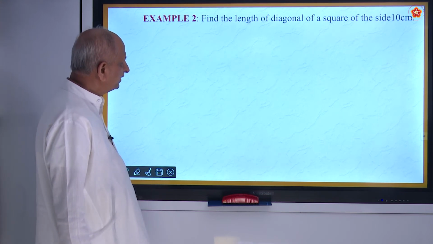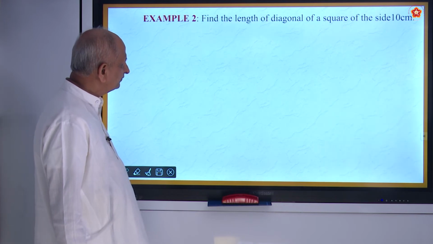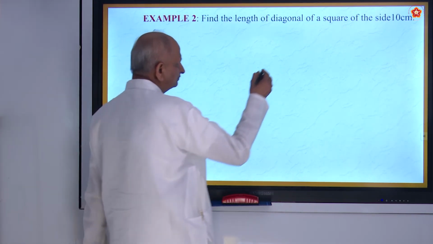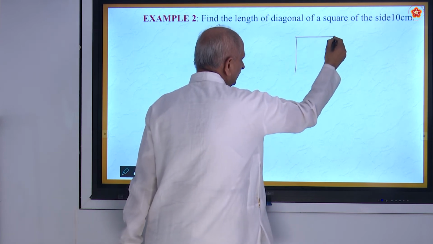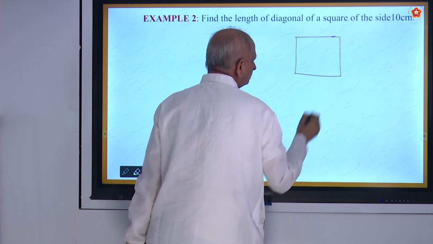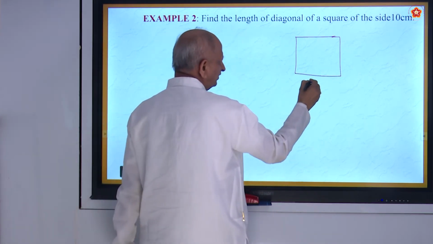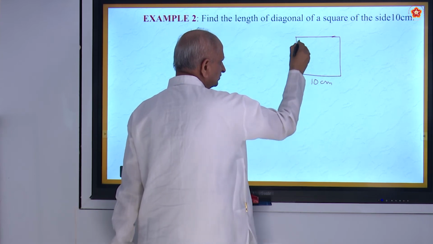Find the length of a diagonal of a square of side 10 centimeters. So there is a square. I'll draw a rough figure. So the side is 10. What is the property of a square?